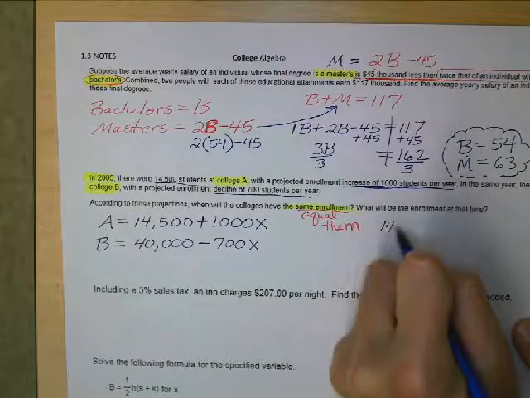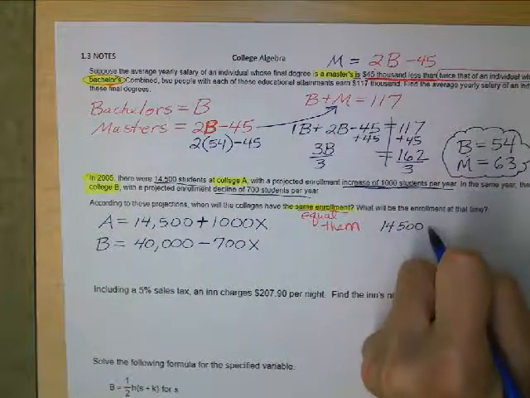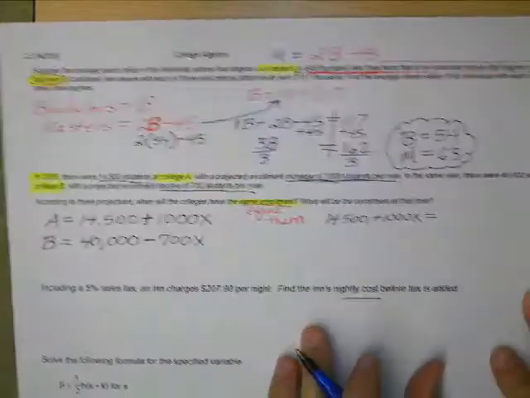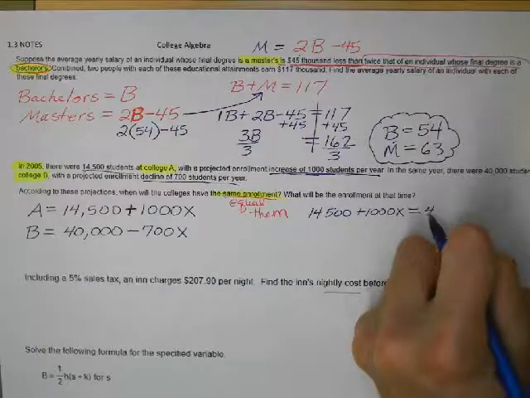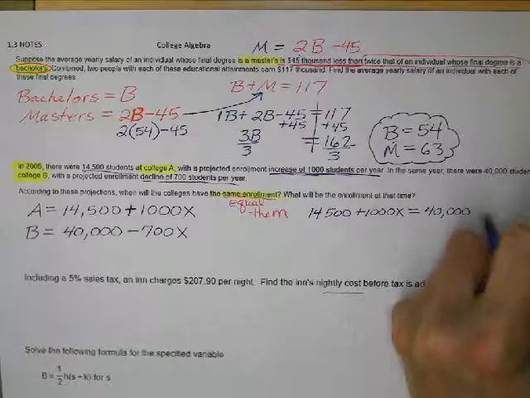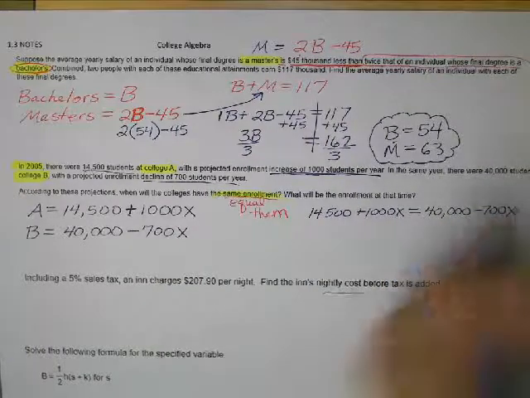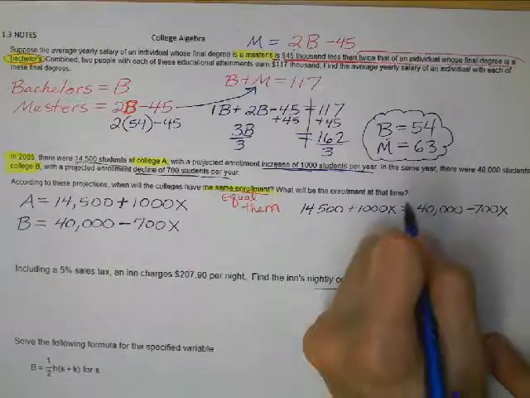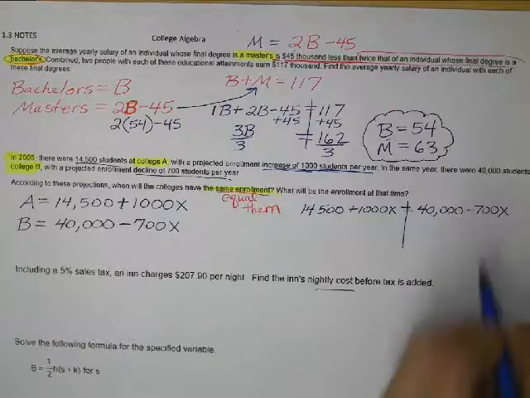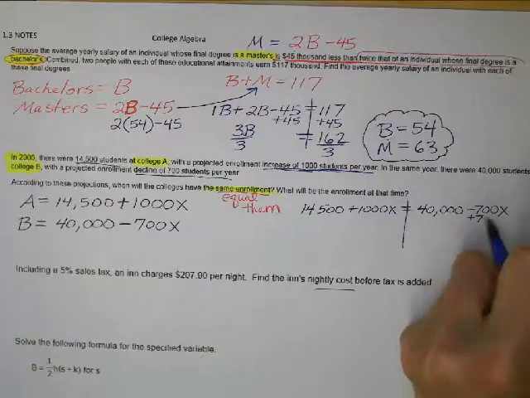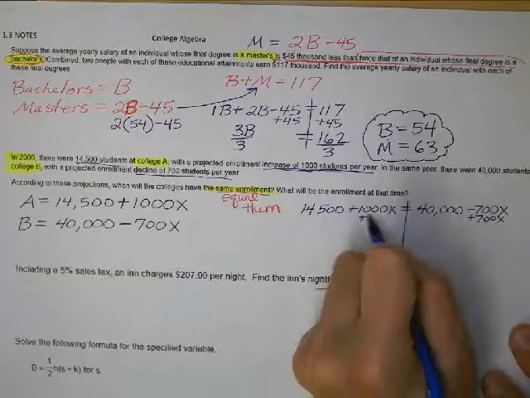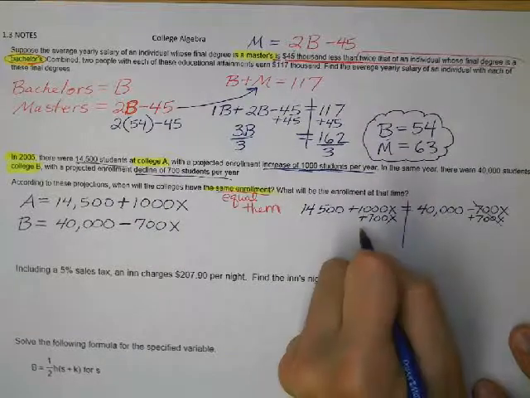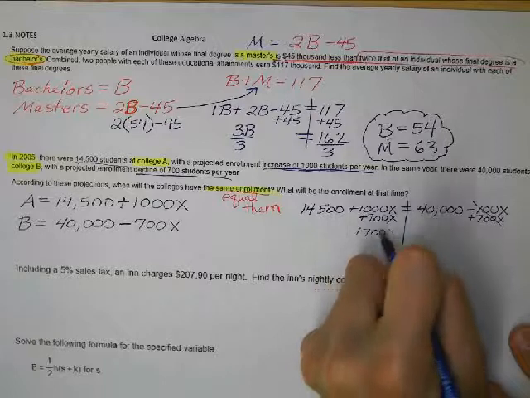So 14,500 plus 1,000x equals 40,000 minus 700x. Yep, you're going to equal those. Okay? And then solve it. So I would add the 700x and get your variables on both sides to one side. So I have 1,700x.